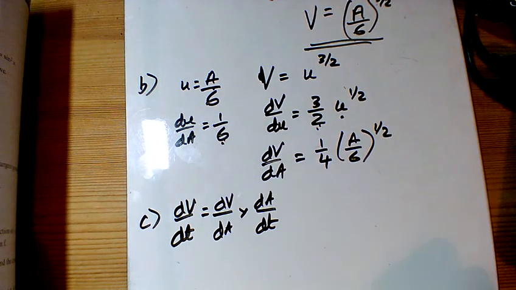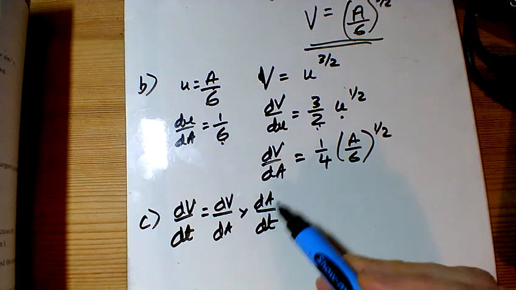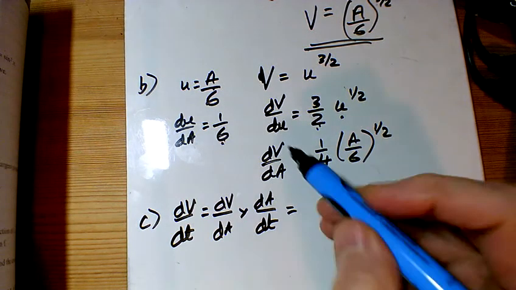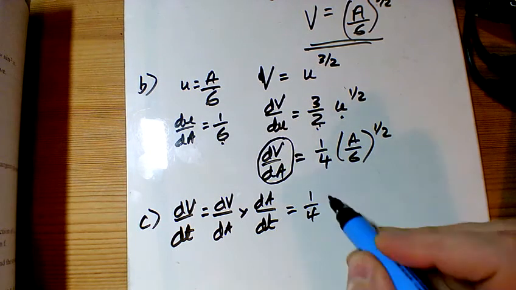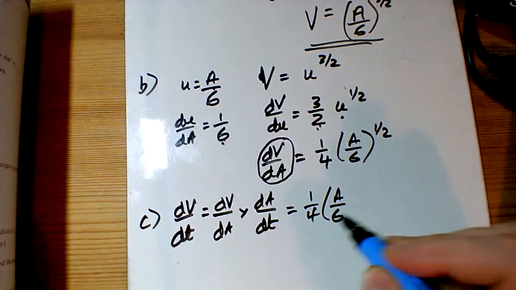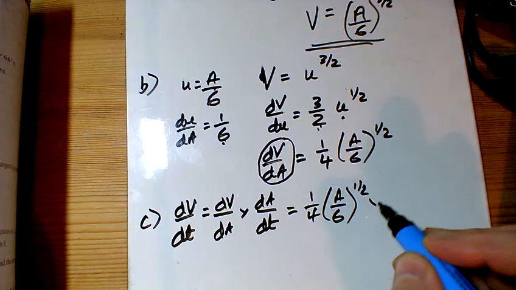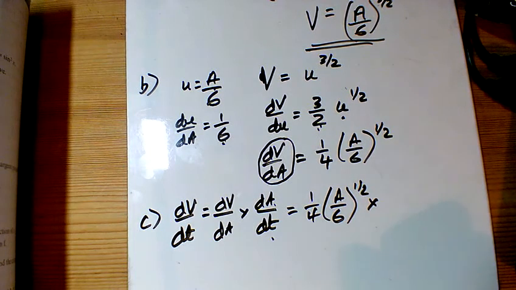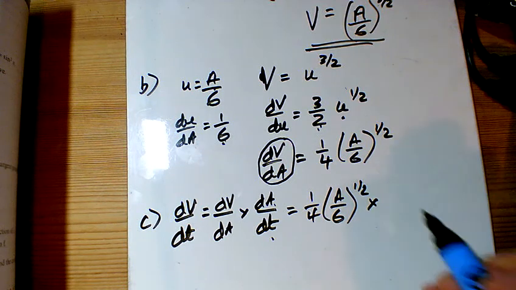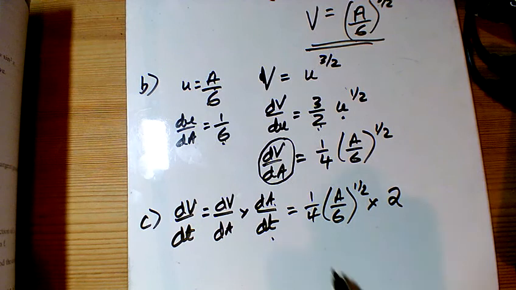So we've got dv by dt is dv by dA times dA by dt. dv by dA, we've just got from before, so we've got 1/4 a over 6 to the power of a half, times dA by dt, and dA by dt is given in the question. It says the surface area of the cube is expanding at a constant rate of 2. So we'll just times that by 2.